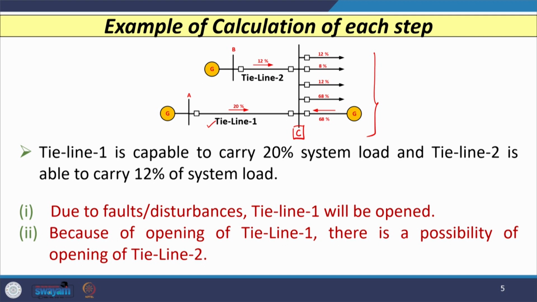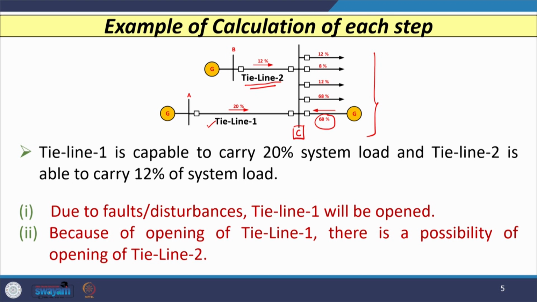Another tie line 2 is connected between bus B and bus C, and this tie line is capable of taking care of 12% overload, and the other tie line is connected with another generator to bus C, which is capable of taking care of 68% overload.